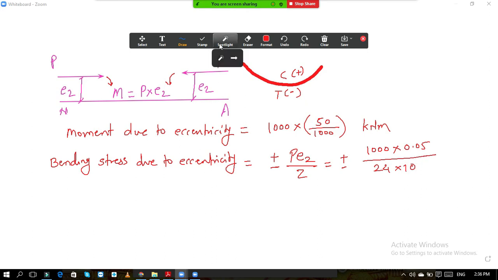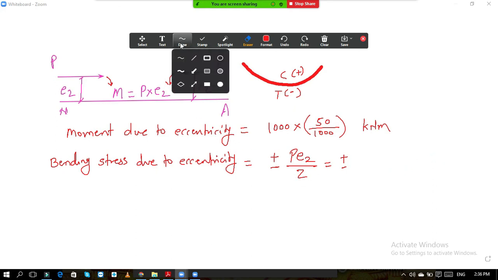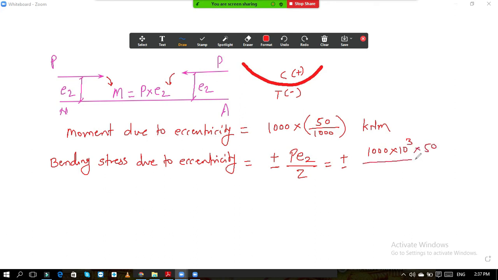So instead of taking it in kilonewton meter, I will express everything in Newton per mm square. So Newton per mm square means this is 1000 into 10 to the power 3, kilonewton to Newton. E2 is already given in mm, 50 mm, and Z is in mm, so 24 into 10 raised to 6. So you will get the answer over here, plus minus. So what is the value? 2.08. It is 2.08 Newton per mm square.